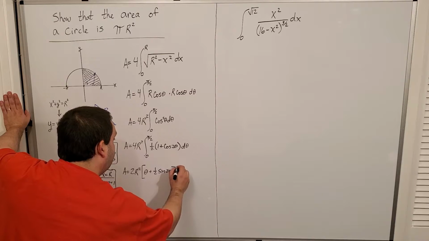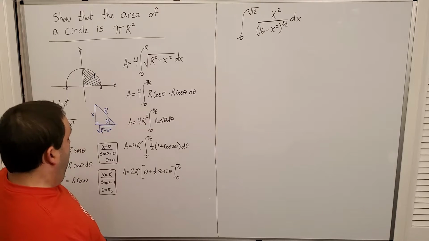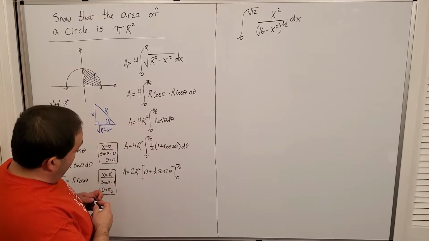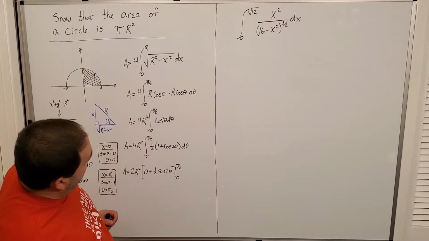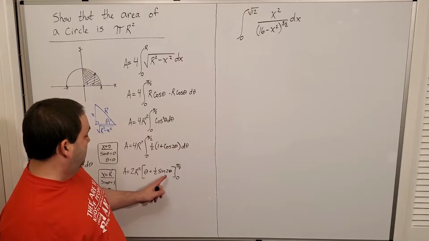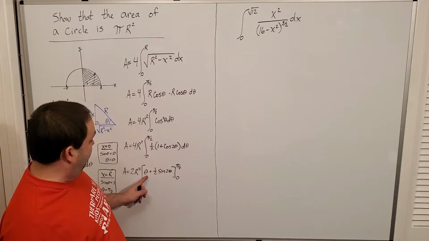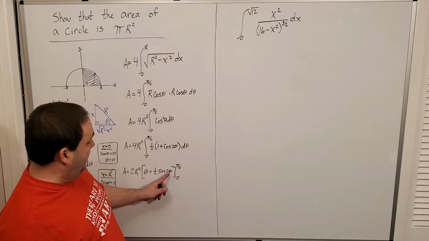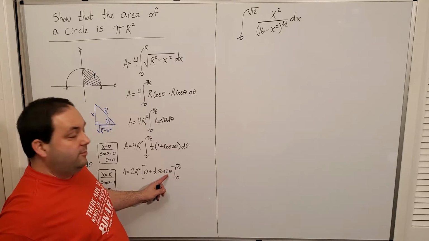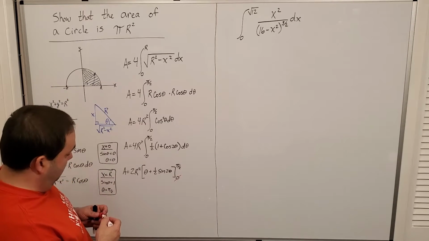And then that's evaluated from 0 to pi over 2. Okay, so the first thing I want you to notice is that when I plug in the 0 for both of these things, I get 0. Because obviously theta equals 0 will give me 0. And sine of 0 will also give me 0. So the 0 is not actually adding anything here. They're both zeroed out.